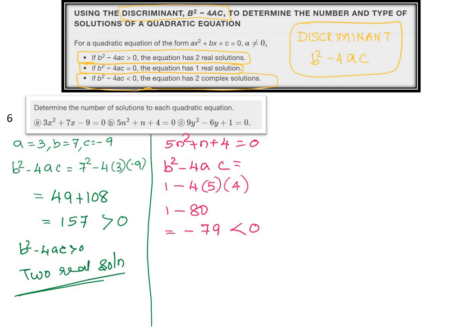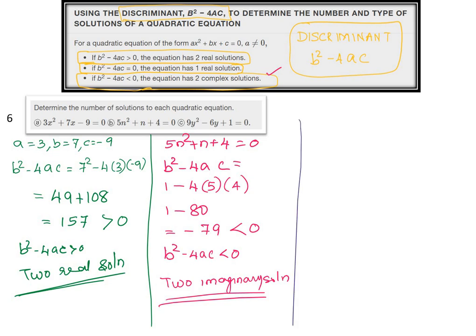Negative means b square minus 4ac is negative, so we have two imaginary solutions. That is the conclusion. So when b square minus 4ac is greater than 0, two real solutions; when it is less than 0, two imaginary solutions.